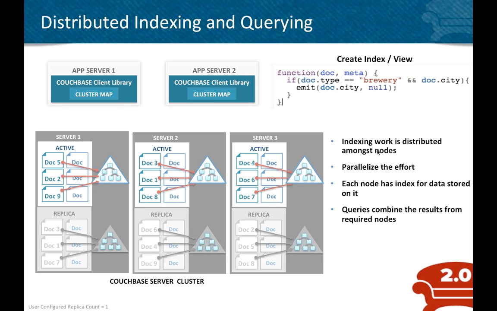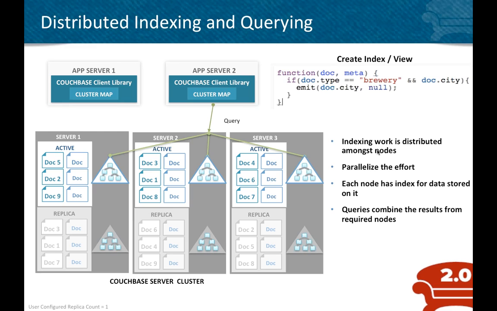But the idea is that definition is sent out to the indexers on all the cluster nodes, and each node maintains its own index of active data and optionally a parallel index of replica data for high availability. So now when we query, the query is scattered to all the active indexes and merged by one of the Couchbase server tiers and sent back to the app server.